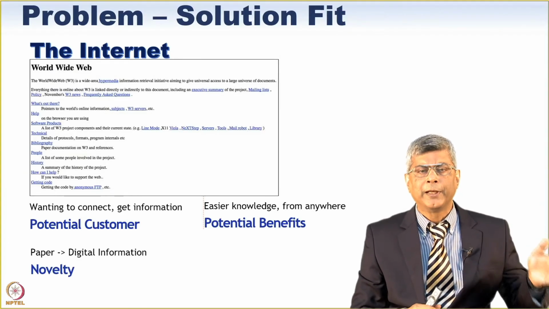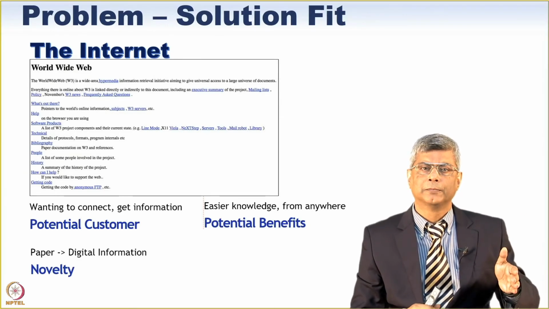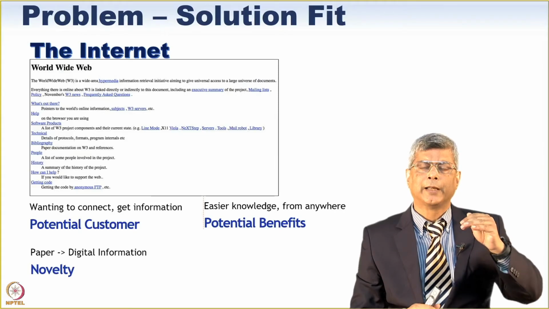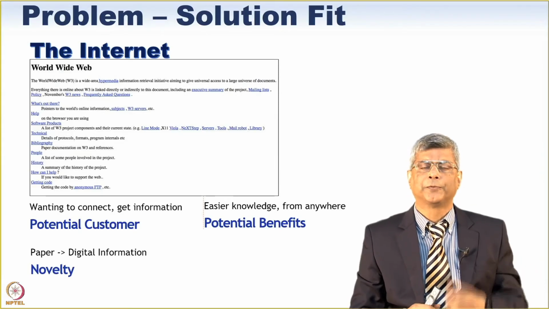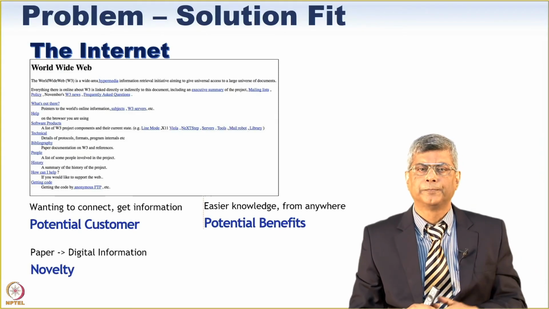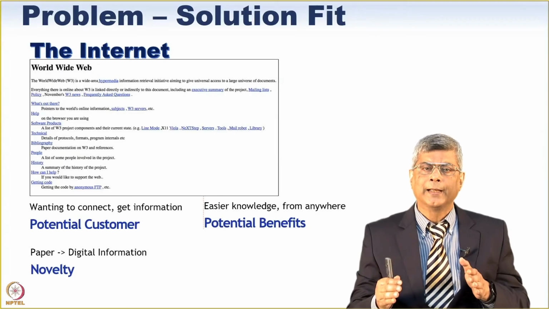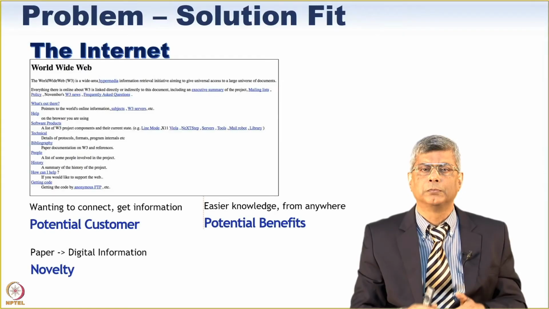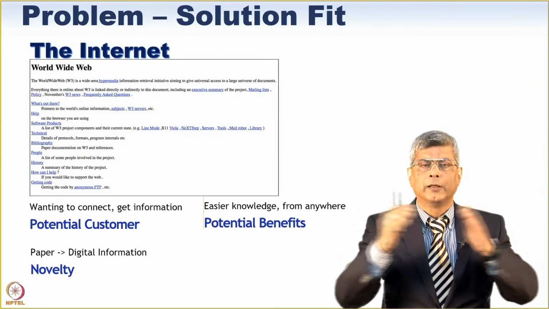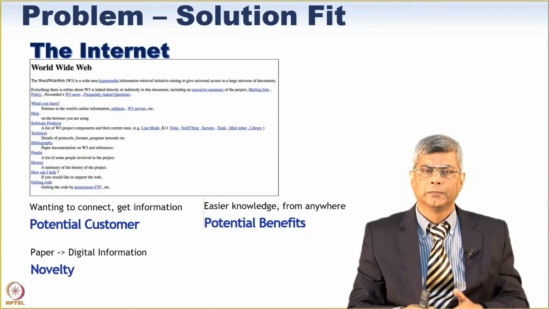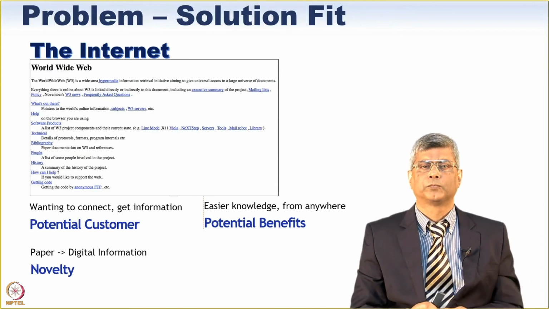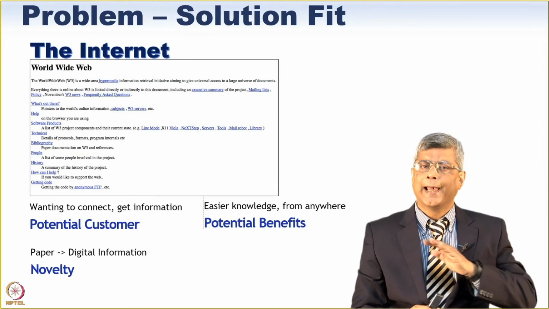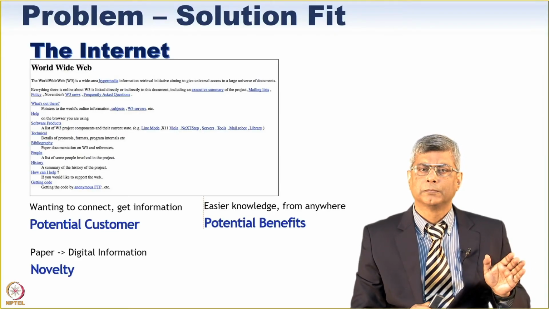So just like the printing press that I talked about made a step change in how knowledge was transferred from oral to written, the internet allowed knowledge to be transferred, just like I'm transferring my knowledge to you, on a computer, on the internet. So who's the customer? Anybody who wants to connect.